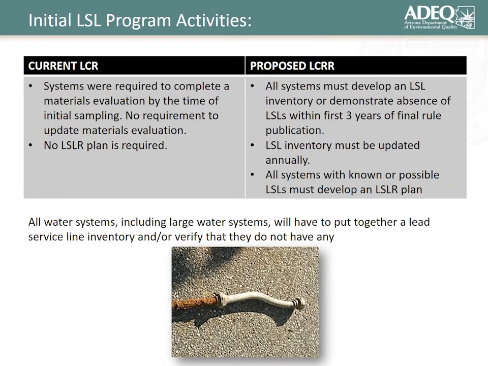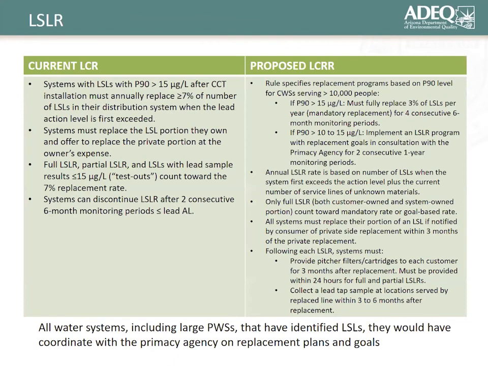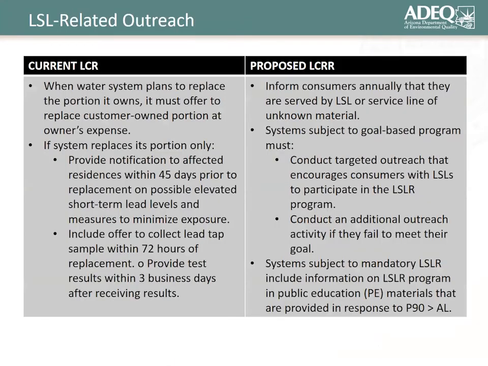One of those aspects could be starting a slower route of lead service line replacement. If they exceed the 15 parts per billion action level, then there's an expedited lead service line replacement program they'll have to implement. And I stole my next slide. That's exactly what I just summarized.